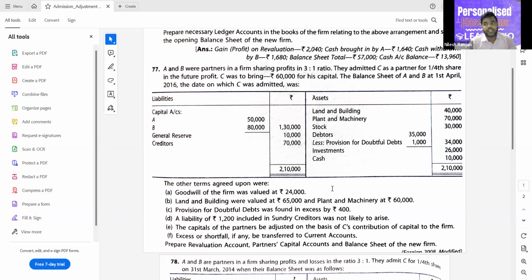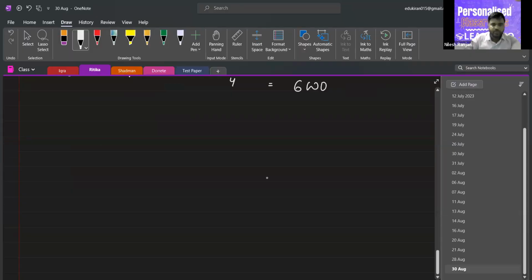So if we deduct this 6,000 from the capital of C, then his capital will become 54,000, and capital will not be according to their profit sharing ratio. That's why. Now let's calculate proportionate capital here.